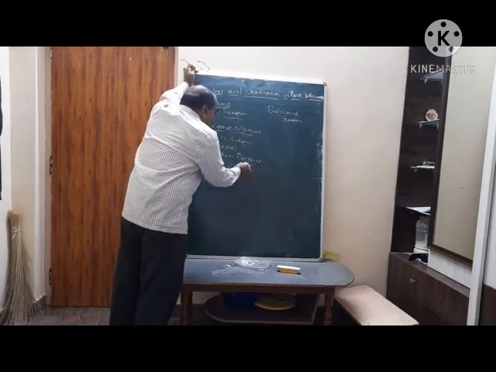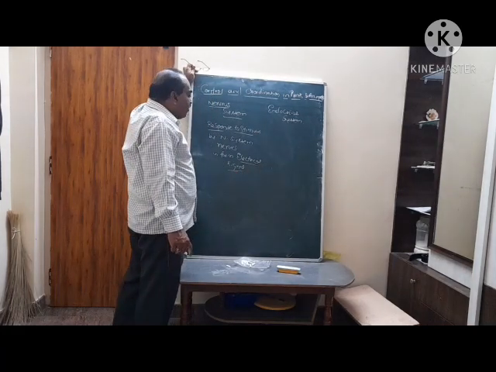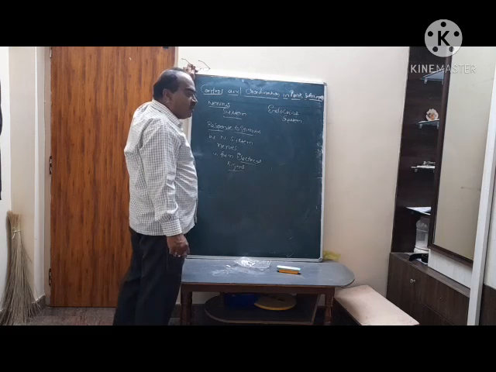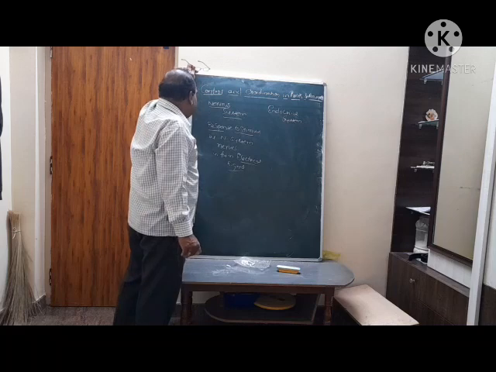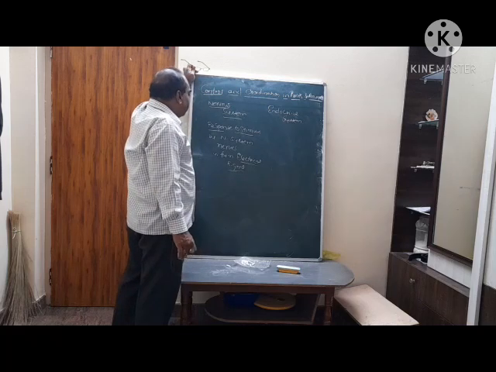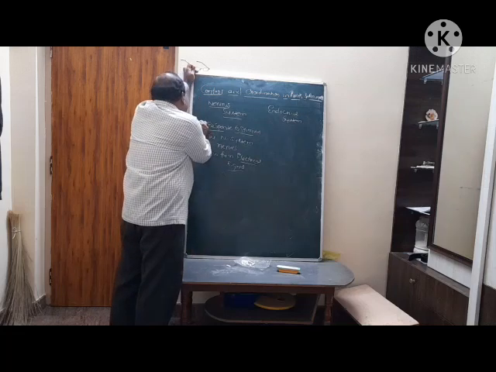What are nerve impulses? The messages transmitted in the form of electrical signals through the nerves are called nerve impulses. The nervous system responds to the stimulus in the form of electrical signals.